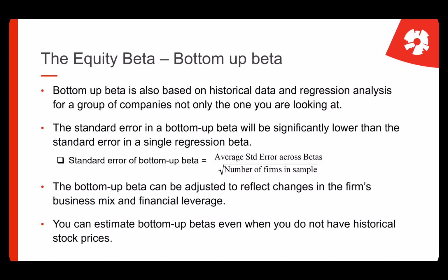Now the beauty of this bottom-up beta is that we can adjust it to reflect the firm's business mix and capital structure. Even more importantly, bottom-up betas can be estimated for companies without any historical stock price data, which makes them especially powerful when we are valuing private companies or IPOs.